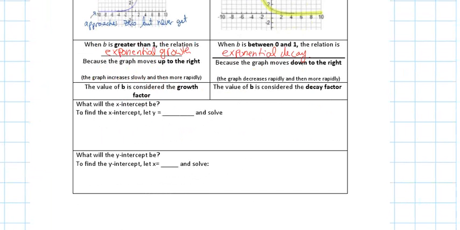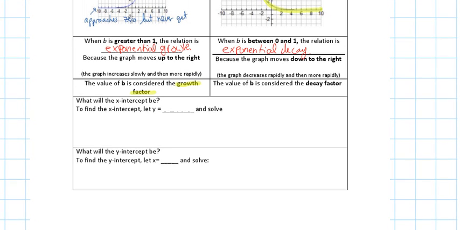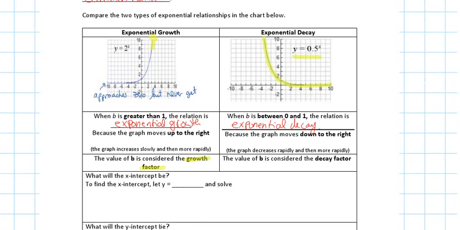If the question asks what your growth factor is, you're looking for that base, which in this case is 2. If the question asks for a decay factor, again it's the base, but in this case your base is between 0 and 1.